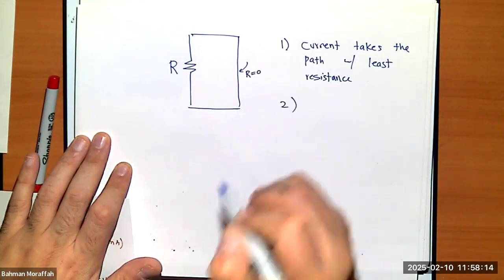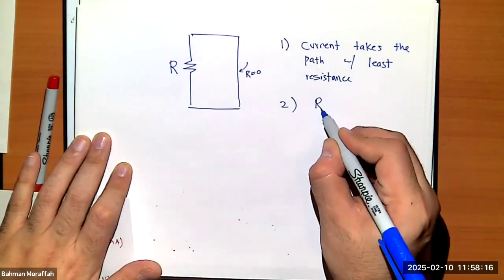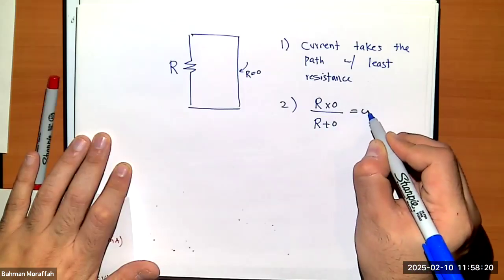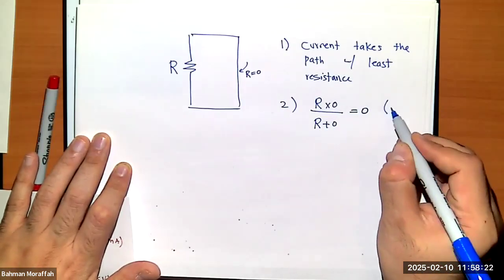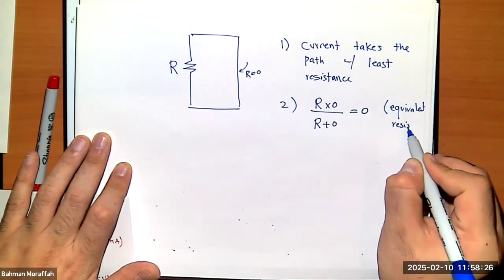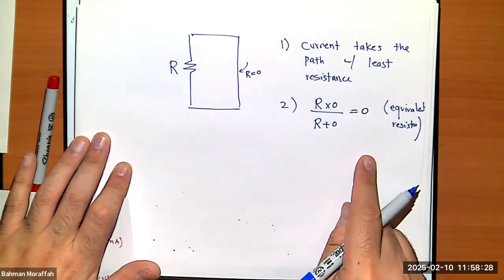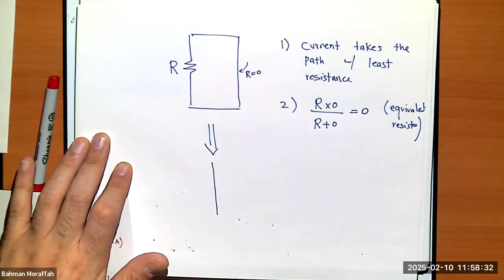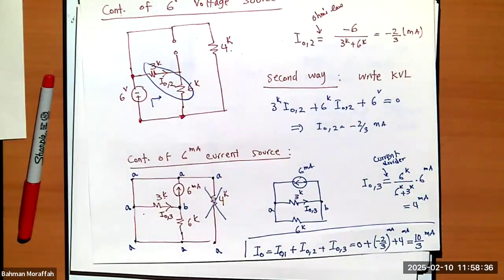R here is 0. So I have R times 0 divided by R plus 0. That would be 0. That is the equivalent resistor. So what it means is that I can replace this by just a wire. So this thing is gone, doesn't really matter. That's basically that point A that I have.